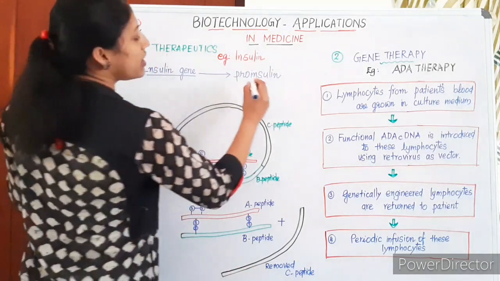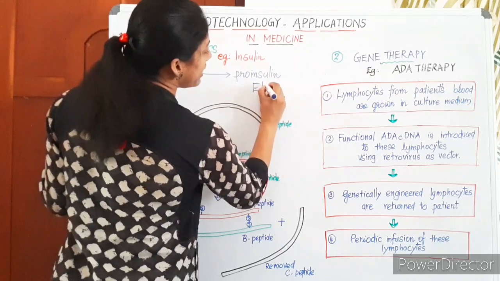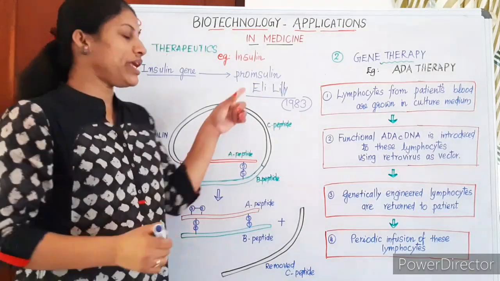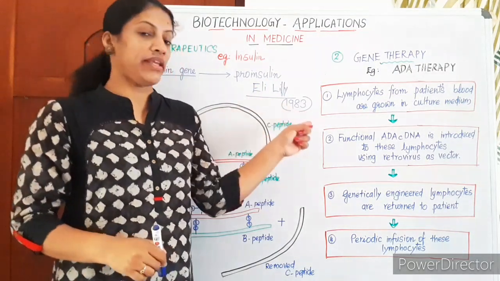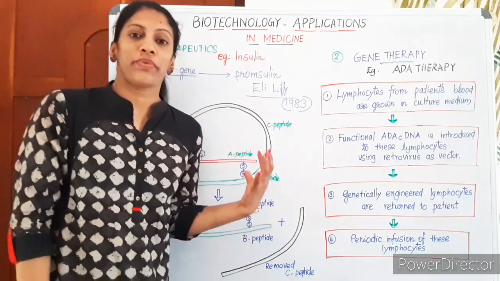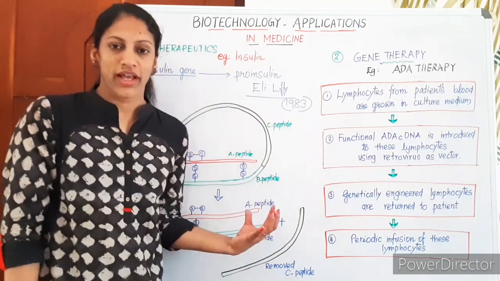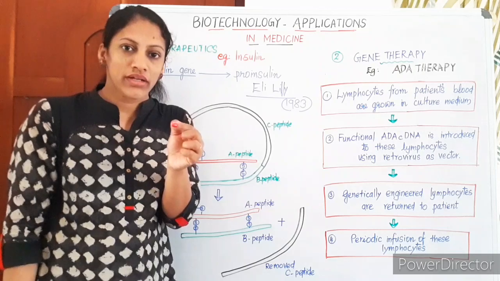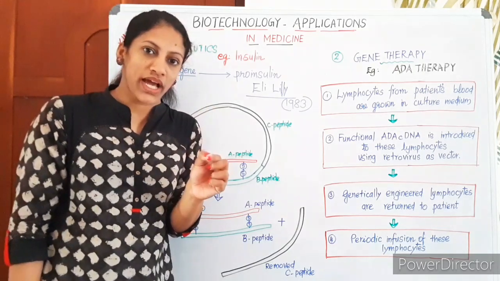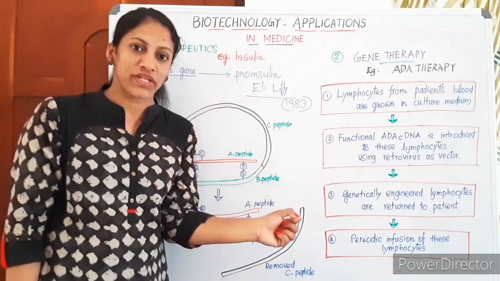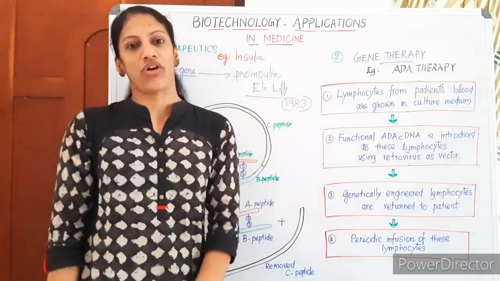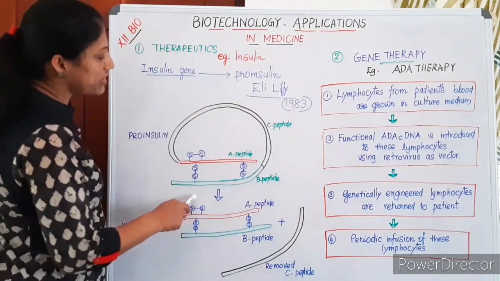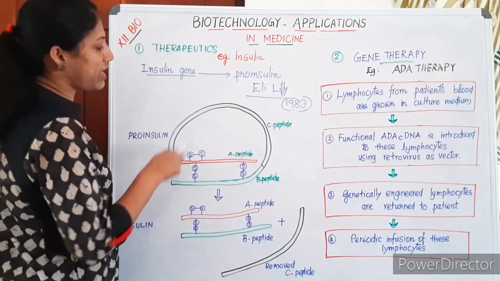It was an American company, Lilly, in 1983, that successfully produced insulin by encoding the gene for A peptide and the gene for B peptide separately in E. coli. Here, just understand the trouble once again.